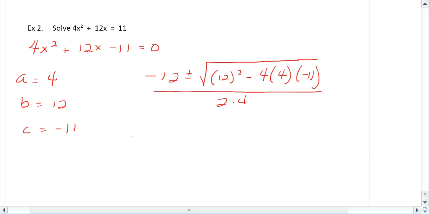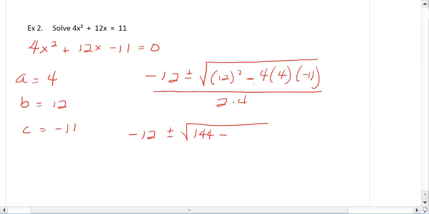Nothing to do with the negative 12, but under the radical, you need to square the 12 to get 144. Now this is where students sometimes mess up. This is a negative 4, and this is a negative 11. So you have a negative times a negative. Some people want to use that negative there and then use a negative again down here, but be careful.